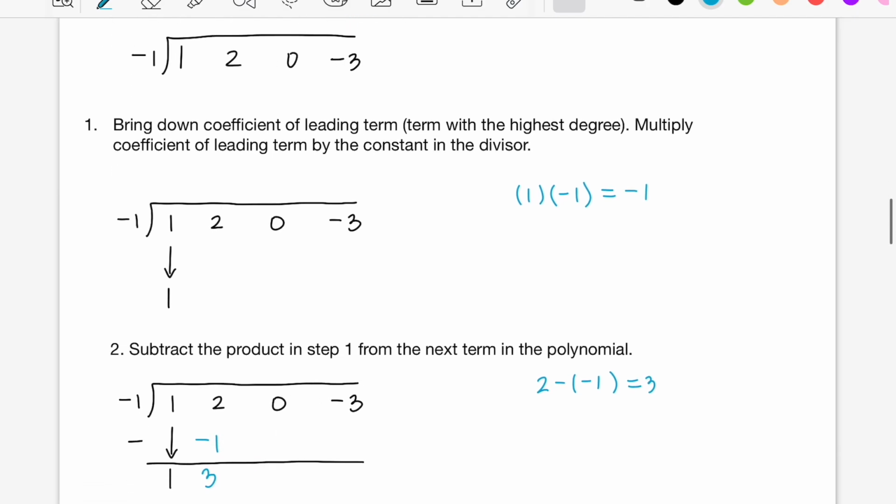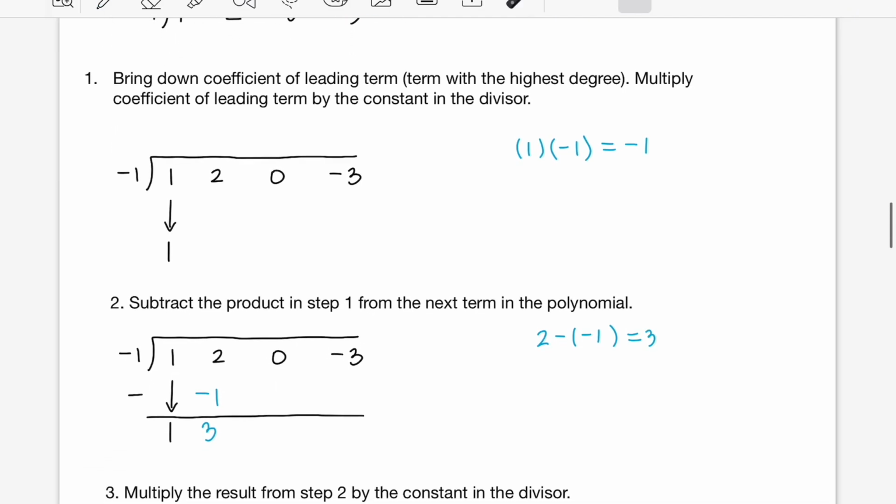The next step is to multiply the result from step 2 by the constant in the divisor. Our result from step 2 was 3 here, and we multiply that by the constant in the divisor, so we get negative 3 here.